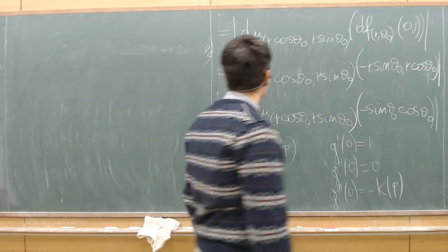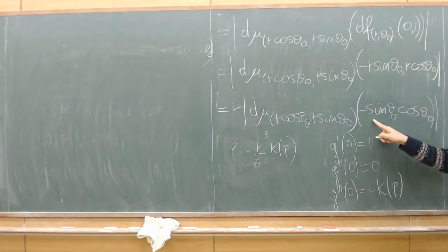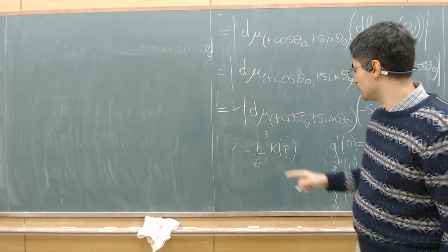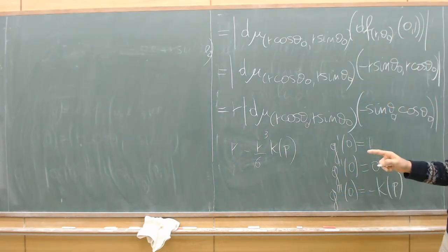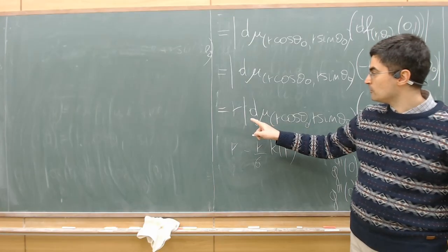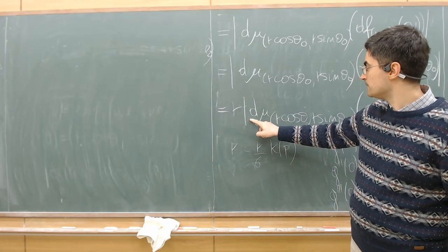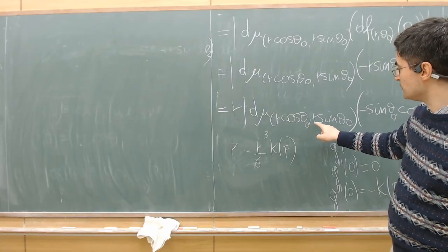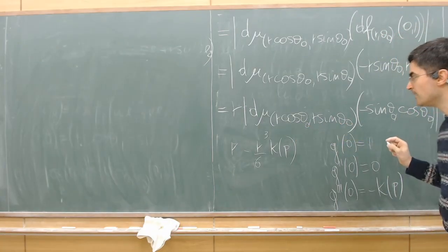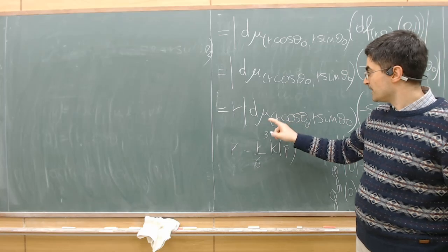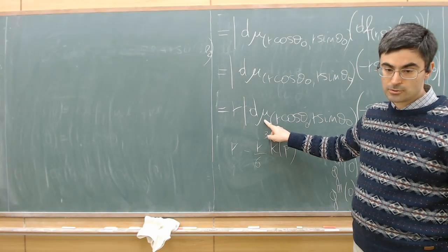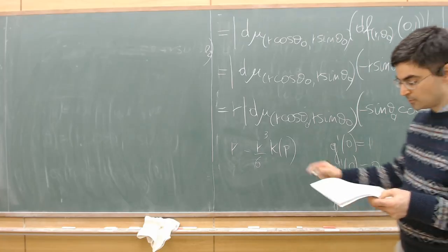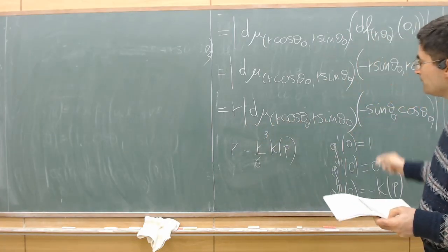This follows from this formula. This is the expression we found for g of r. So the first derivative, g prime, will be equal to the length of d mu at r cosine theta 0, r sine theta 0, etc. But we know that the differential of mu at 0 is the identity map.